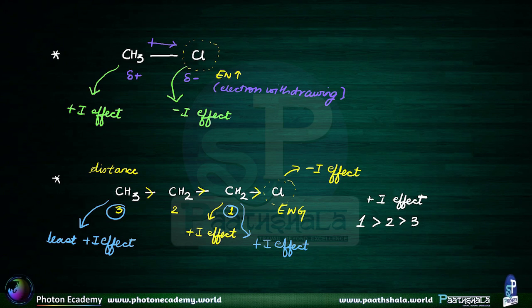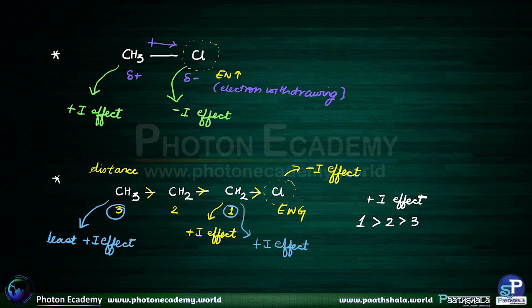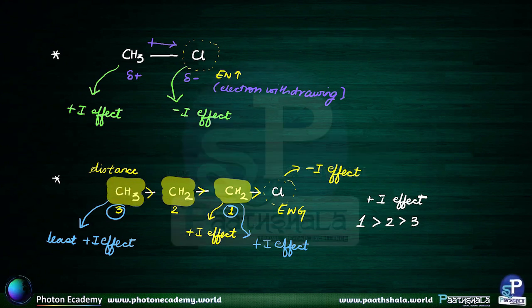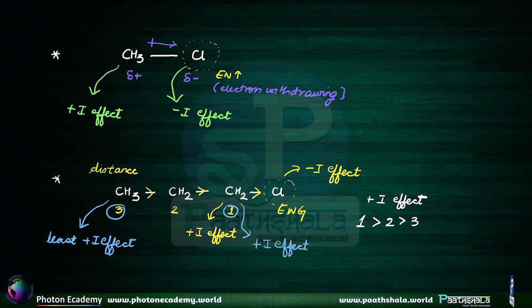So, the plus I effect of the first carbon, which I just highlighted for you for better understanding, this CH2, the first one, is greater than this one, and this second one is greater than the third one. So it is very evident from this that first is greater than second is greater than third. So this is the order of the plus I effect.